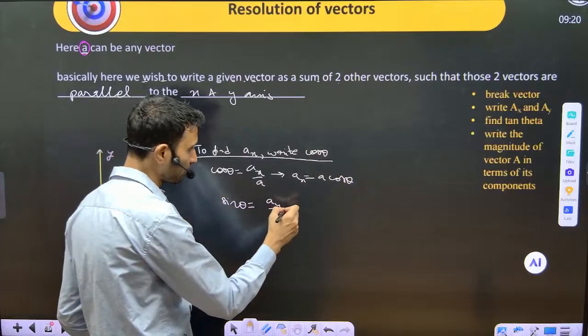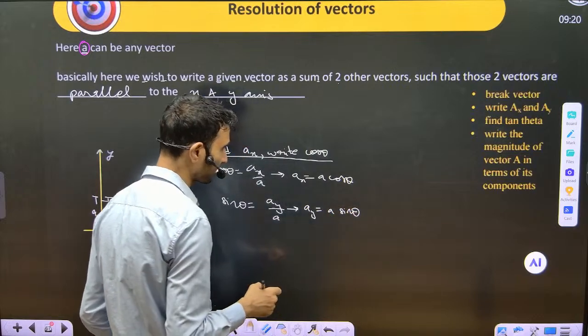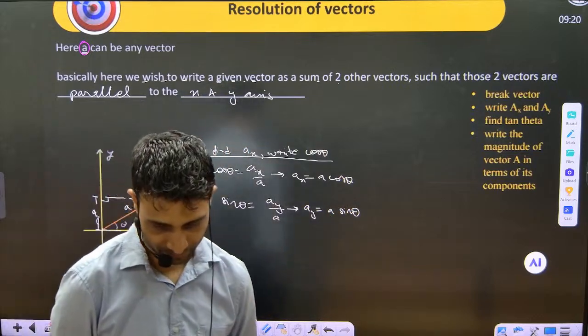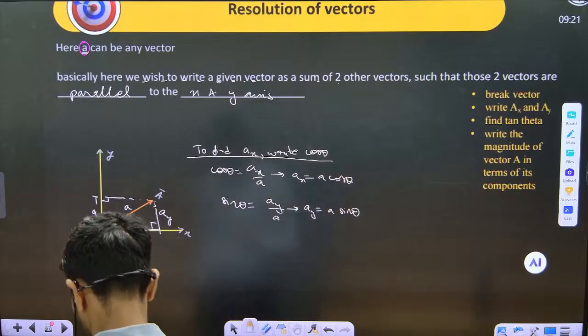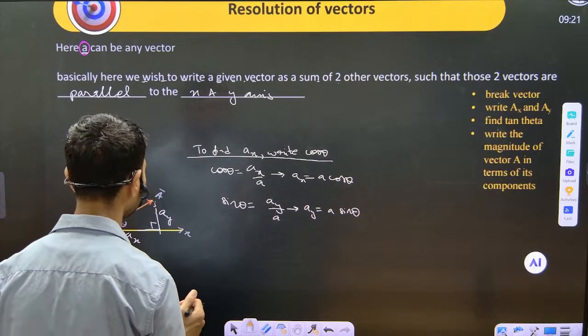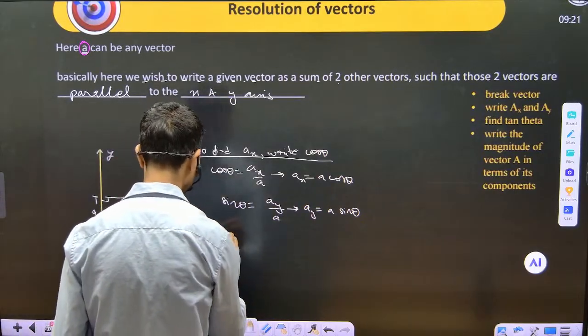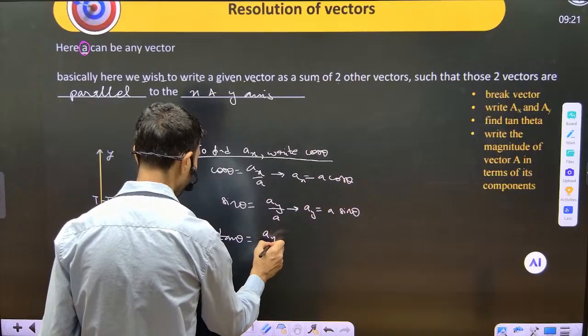And from there we get the value of AY. It's coming out to be A sin theta. So we got both AX and AY. And similarly, what about tan theta? Tan theta will be equal to AY by AX.